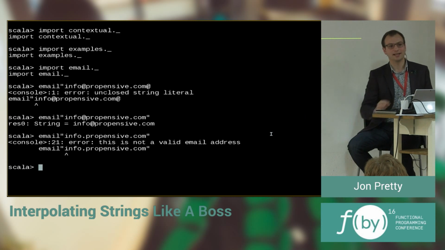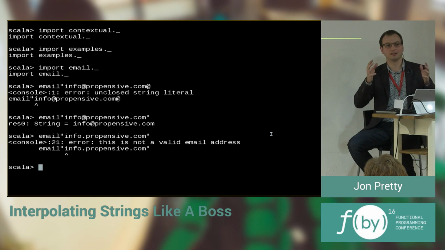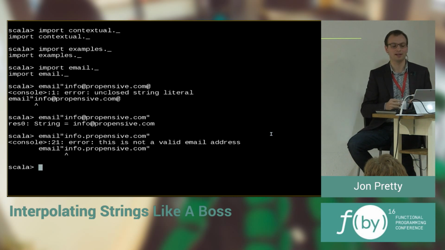So what Contextual is, is that macro that does the checks for you. And what it does is it takes code you've written in ordinary user space code, no macros, you don't have to write any macros, and it lifts that to the macro level, and it binds that macro to the prefix here, email, but you choose what that should be.